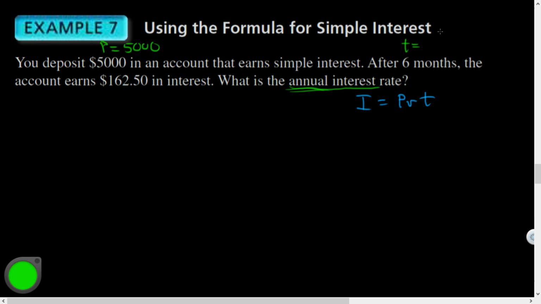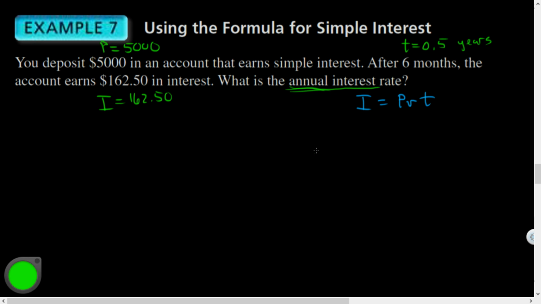Because they want annual, I'm going to call 6 months 0.5. Is 6 months the same as 0.5 years? Yeah. And then they say the account earns $162.50 in interest.